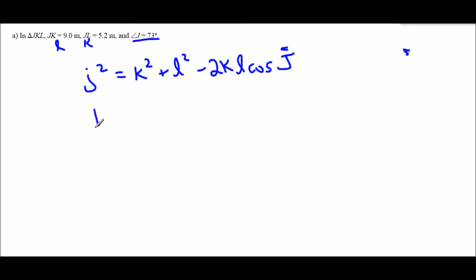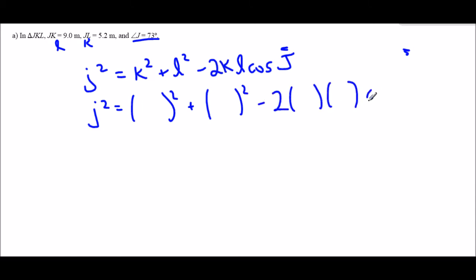I'm going to go right ahead and substitute into this equation what I know: k squared plus l squared minus 2kl cosine J. The information I have is that k is 5.2, side length l is 9.0, and cosine of J would be the cosine of 73.